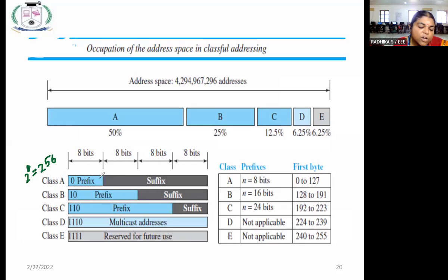But any one of these organizations can have 2 power 32 minus 8, that is 2 power 24, different devices in that particular network addressed. So that is the meaning of class A addressing.